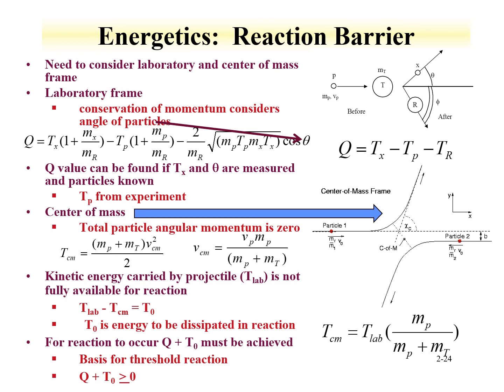We can talk about the kinetic energy from the center of mass and evaluate the two equations where we relate the kinetic energy of the center of mass and the kinetic energy of the lab. It winds up being that the kinetic energy of the center of mass is equal to the lab kinetic energy times a ratio of the mass of the particle to the sum of the mass of the particle and the mass of the target.